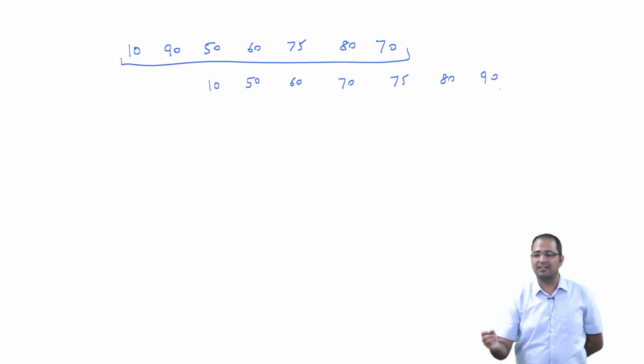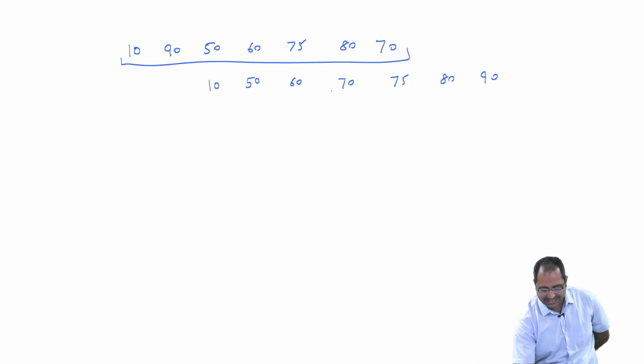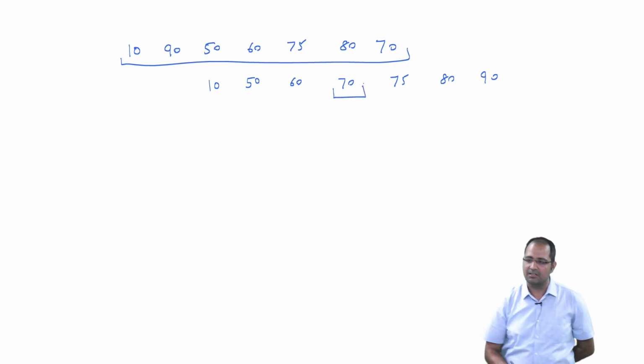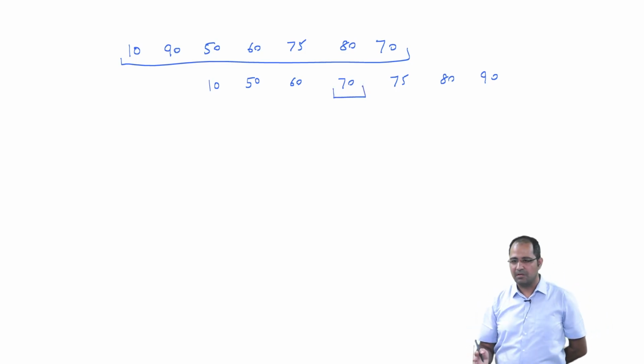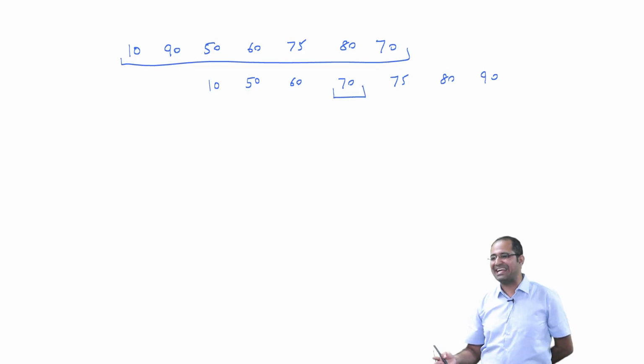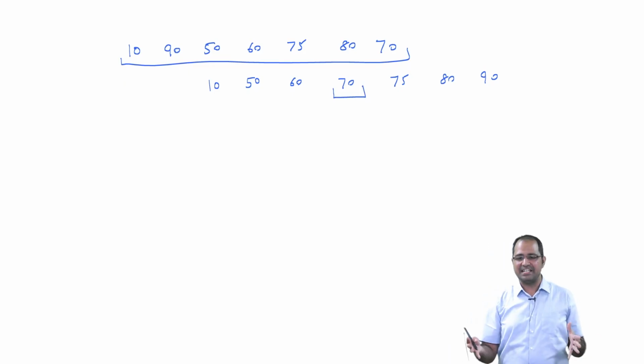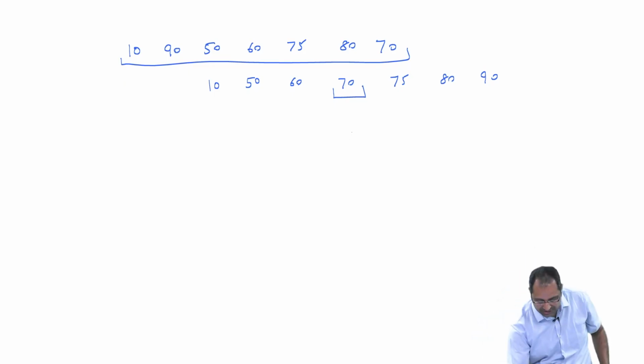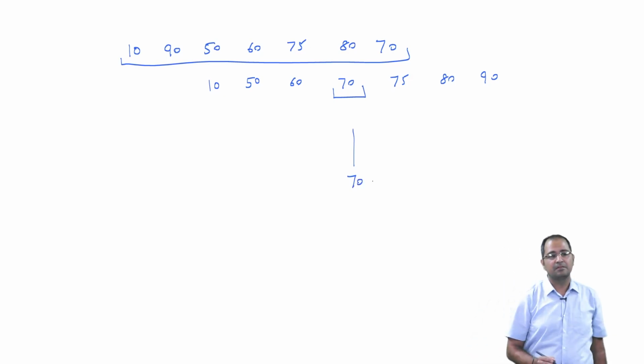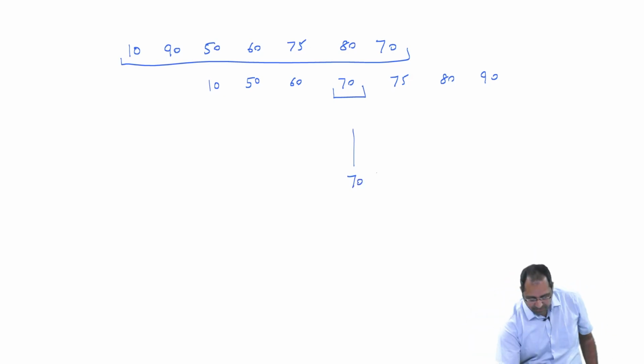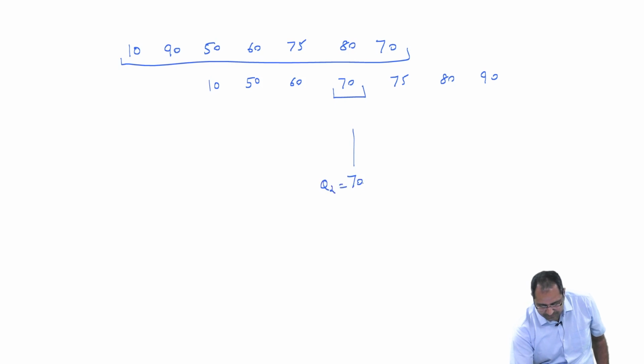So ascending order. After that, I identify the median. This is the median, the central, middle value. If, let's say, the data points are 8, then after arranging in ascending order, I would look at the middle two values and take their mean to identify the median. So median is 70. Median is the second quartile.